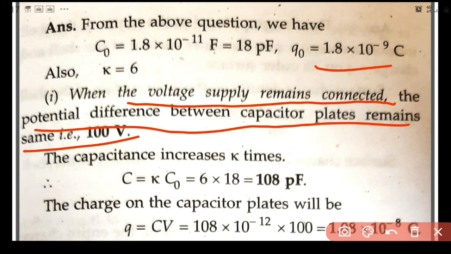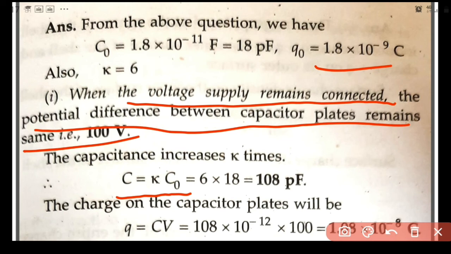Now when a dielectric is inserted between the capacitor plates, you know what happens to the capacitance? Capacitance becomes K times the initial capacitance. That means 6 into 1.8, so it will be 10.8 into 10 raised to minus 9. We can change that unit, so we get 108 picofarad.